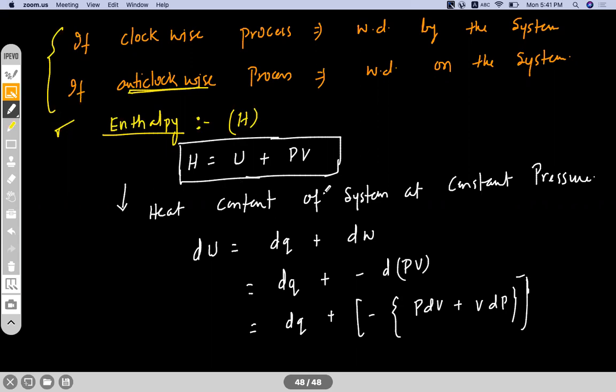When the pressure is constant, because our condition is constant pressure, at constant pressure what happens? This term would be 0.